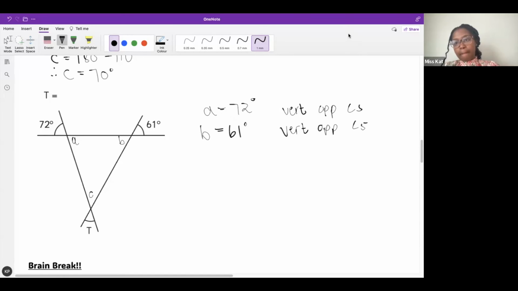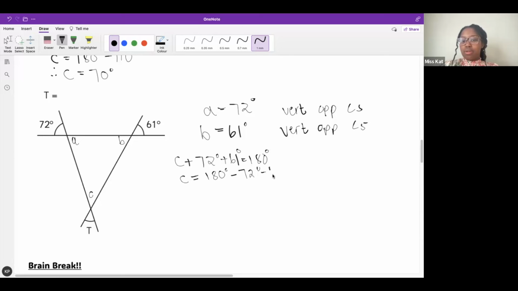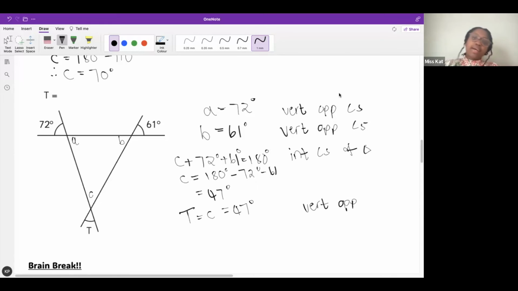And then to figure out angle C, we say 180 minus 61 and minus 72. And then angle C is equal to 47 degrees, making angle T also equal to 47 degrees because of vertically opposite. Thank you, Andiswa. Interior angles of a triangle.